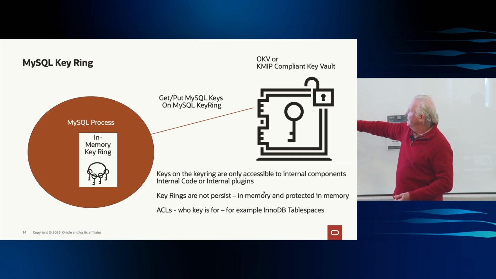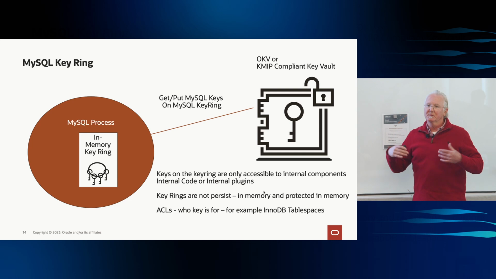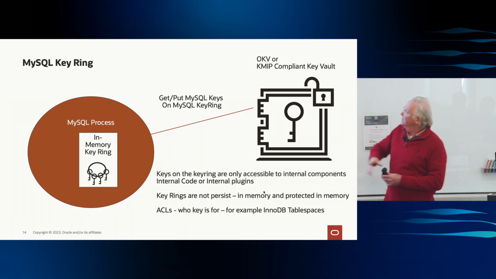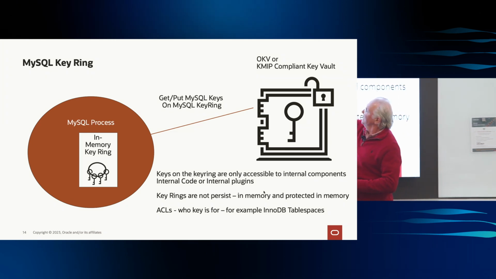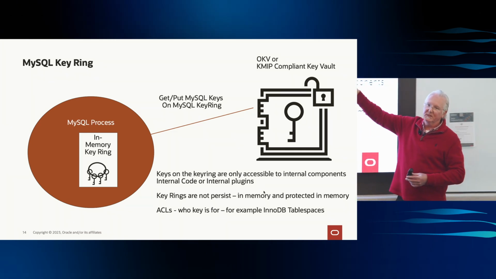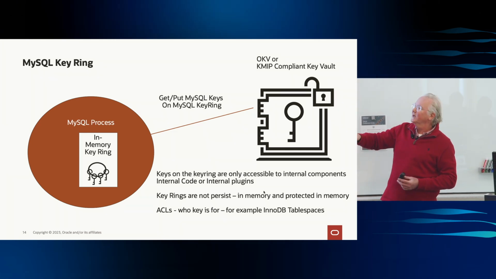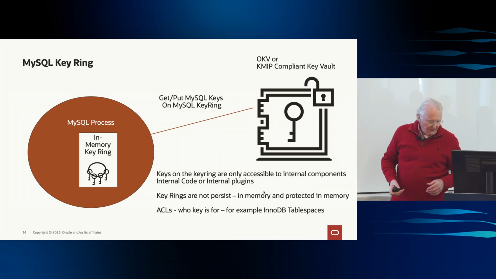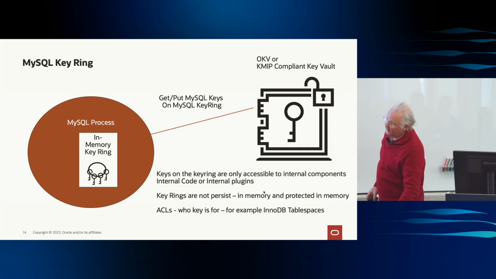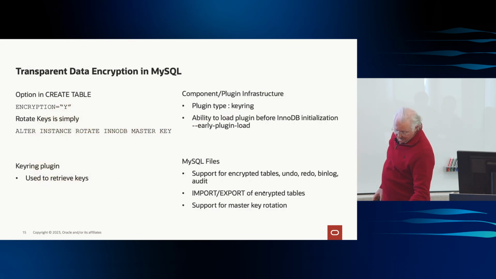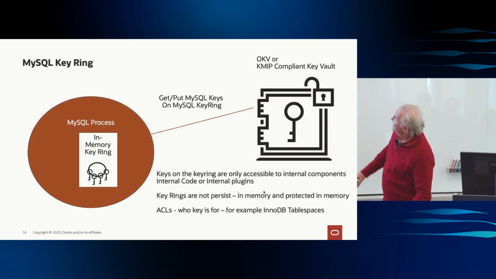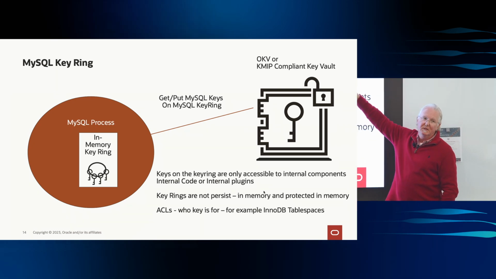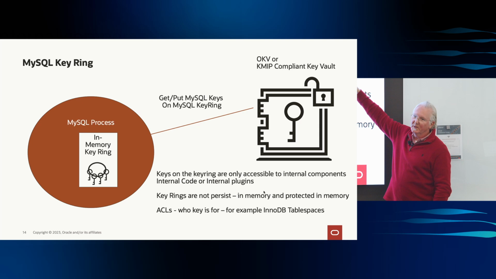It's there, not persisted. When the system starts up, it pulls the key, so it's not reading the key back and forth constantly. It gets it, it holds it, and then when you rotate it, it'll rotate it back. Oftentimes on these key servers, you don't have just one. Usually you have 2 or 3.